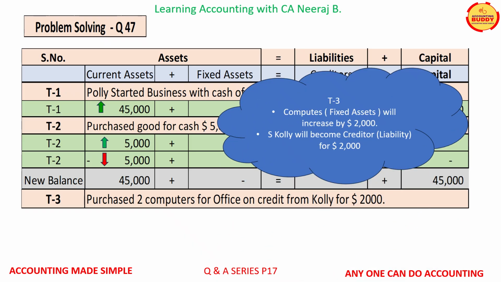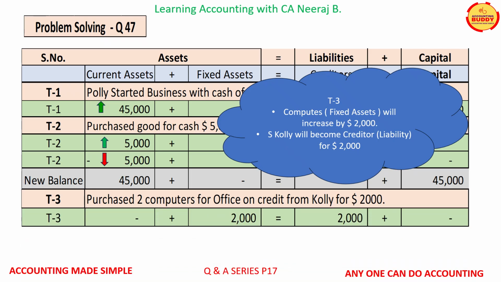If we analyze this transaction, two accounts which will be affected are assets, that is the computers purchased, and the second is the creditors, which are the liabilities of the business. Assets, that is the computers, will be increased by $2,000 and the creditors will also be increased by $2,000.